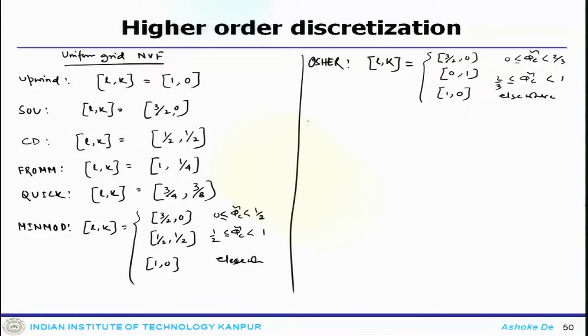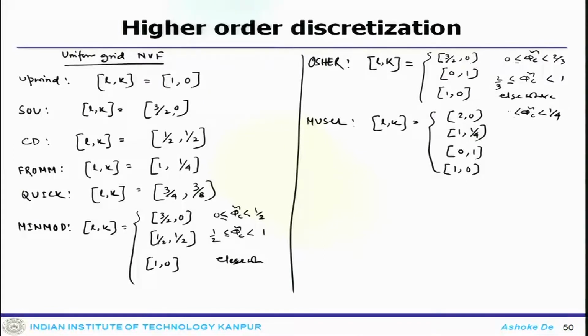The MUSCL scheme will have 4 segments: 2 and 0, 1/4 and 1/4, 0 and 1, and 1 and 0. This is when phi c lies between 0 and 1/4, between 1/4 and 3/4, between 3/4 and 1, and elsewhere.